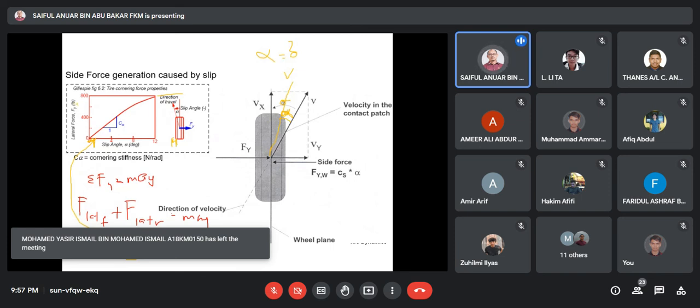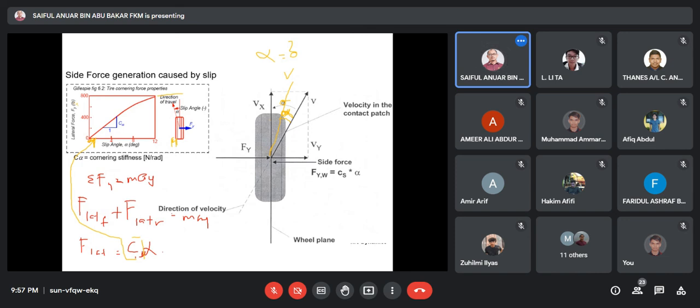So that means that the slip angle is 5 degree lah compared to this one. So ini kita nak pergi arah 5, tapi kereta sebenarnya steer tak sampai 5 pun. So the rest of this one yang balance tu yang sampai, so that one is the slip angle. Okay, but ideally yang kita nak kita assume lah, so slip angle equal to steer angle. Okay, so that's why we can assume this one.